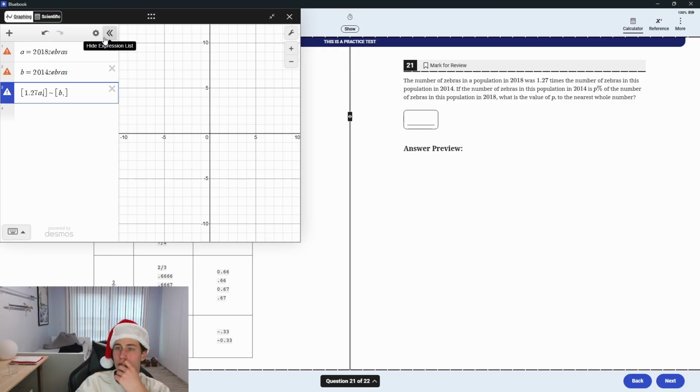As the number of zebras in this population in 2014 is P% the number of zebras in 2018, what is the value of P?